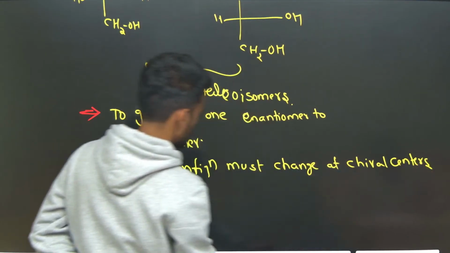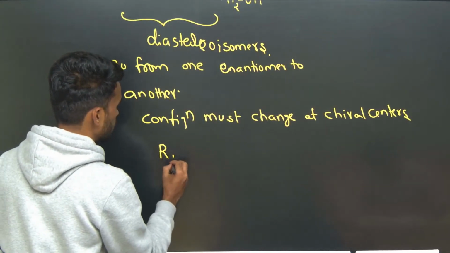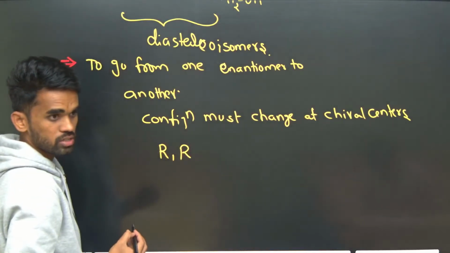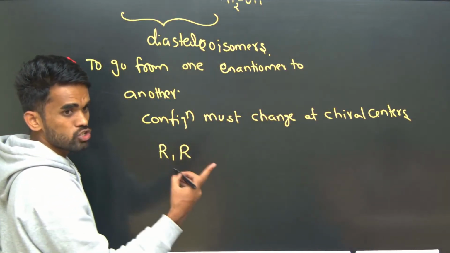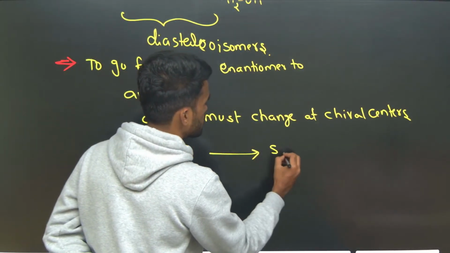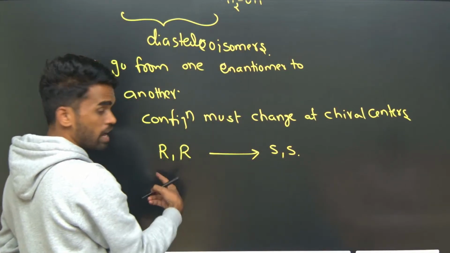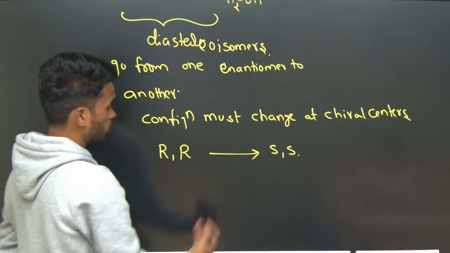It means all chiral centers. For example, if our starting molecule has RR configuration, then its enantiomer should contain SS. If it is SS, RR. If it is RS, SR. Like that.